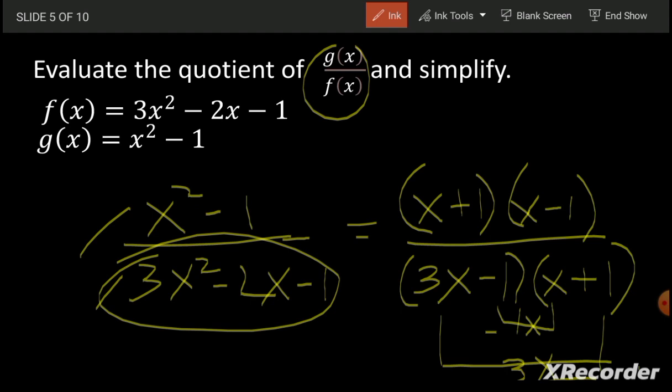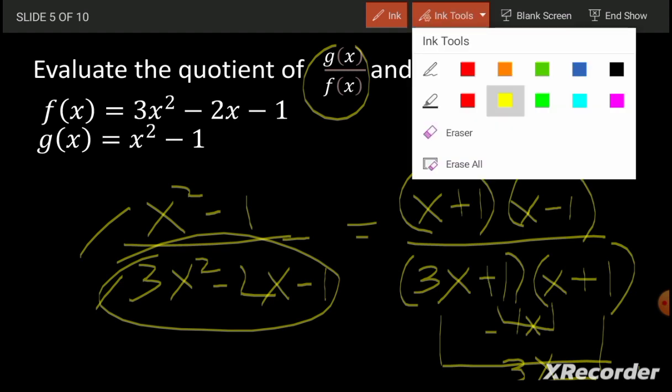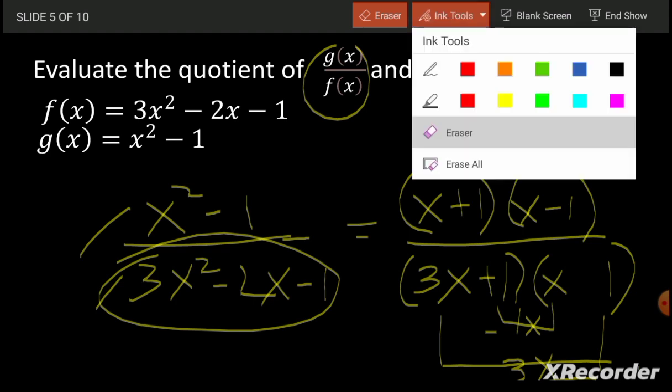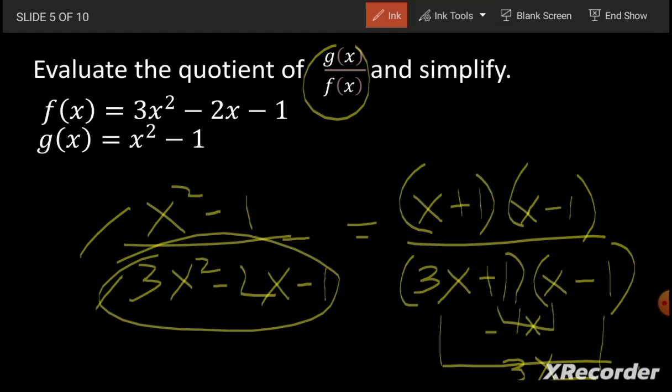So the assignment of the signs is not correct, so we have to interchange the positive sign here and the negative sign here.